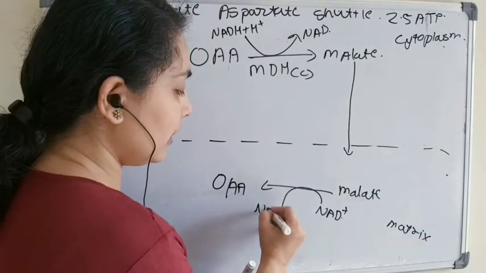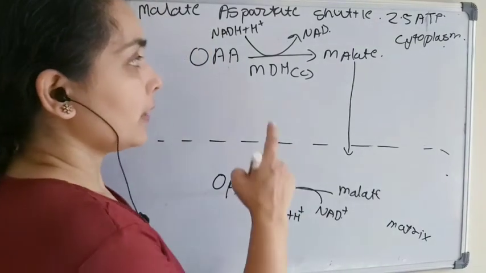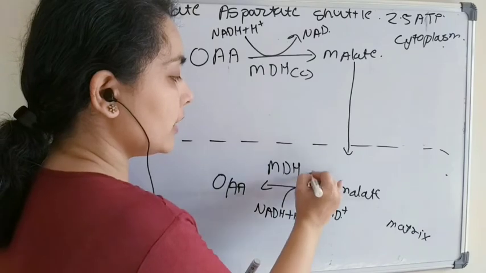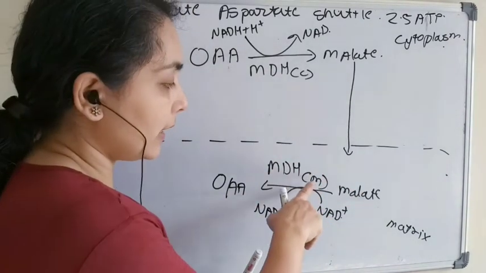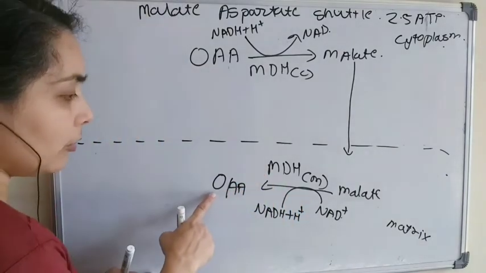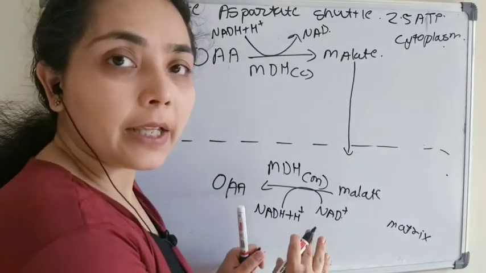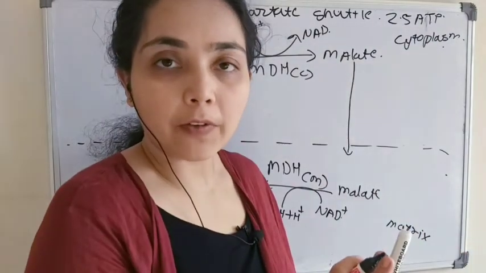So NAD will convert into NADH plus H positive. The enzyme here is again the same, malate dehydrogenase, but it is mitochondrial. Therefore we will write M. Okay, now the electron has transferred to NADH, and NADH will transfer its electron to complex 1, and finally we will get 2.5 ATP.